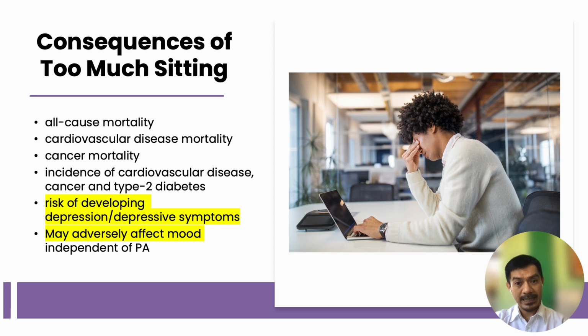We may be physically active, meaning we meet the minimum recommendation of 150 minutes of moderate intensity physical activity per week, but this does not reduce the health risks associated with prolonged sitting, primarily because bouts of moderate physical activity typically occur only once a day. For example, if we walk for 60 minutes every morning but spend the rest of the day sitting for long periods of time, we're still at risk from prolonged sedentary behavior.